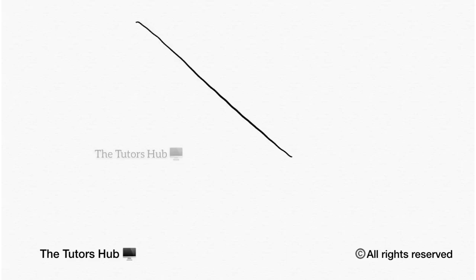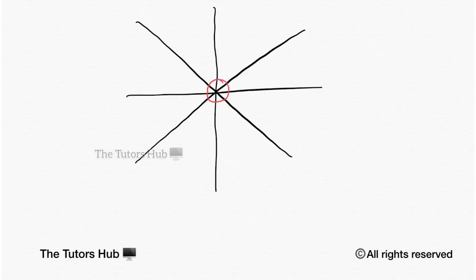So now we are going to look into one of the other properties of a line. You can see more than 3 lines are passing through a common point. I am marking that point with the red ink. This point where more than 3 lines pass through a particular point, let it be the point P. This point P is known as the point of concurrency, which is one of the most important topics related to lines.